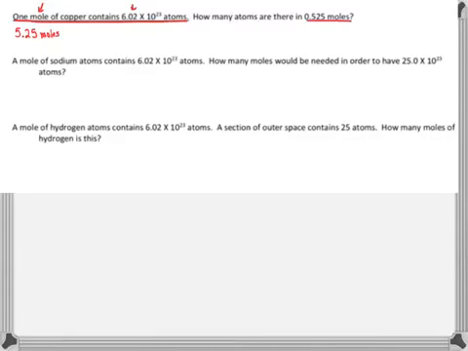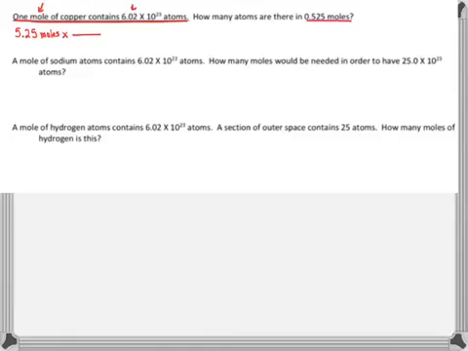Okay, and according to this given, we are told that 1 mole contains 6.02 times 10 to the 23rd atoms. So in this case, I have to multiply. So I'm going to do some dimensional analysis. I want to get rid of moles.